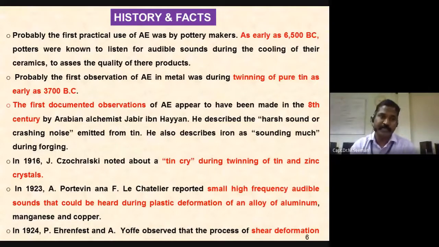The first documented observation is available from the early twentieth century, actually 1916: the tin cry during the tuning of tin and zinc crystals. In 1923, a small high frequency audible sound was heard during the plastic deformation of aluminum alloy. In 1924, the shear deformation of salt and zinc was accompanied by a clicking sound.